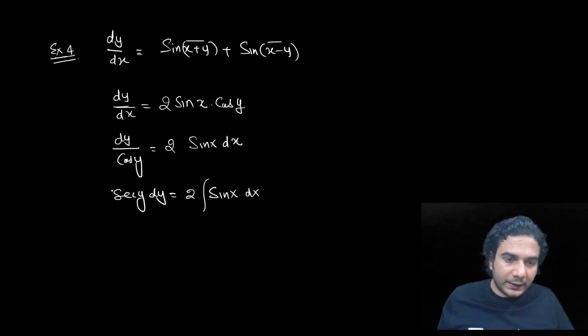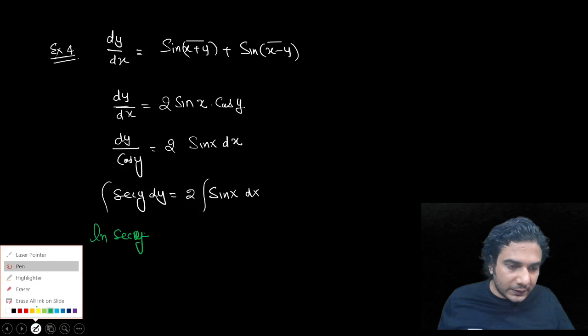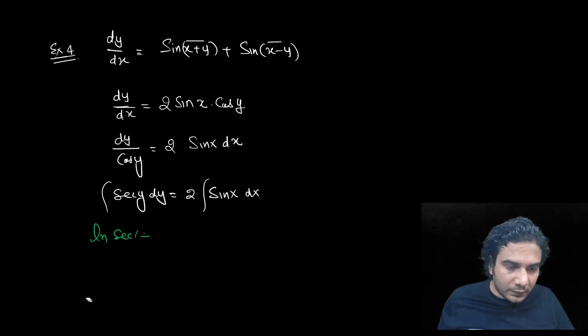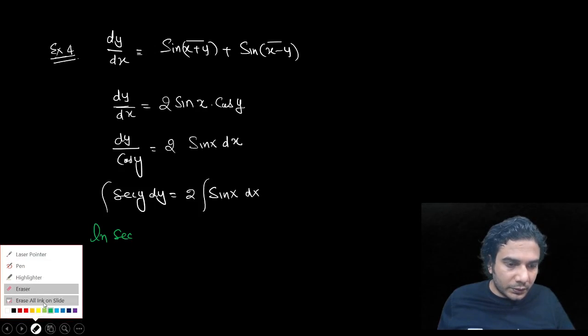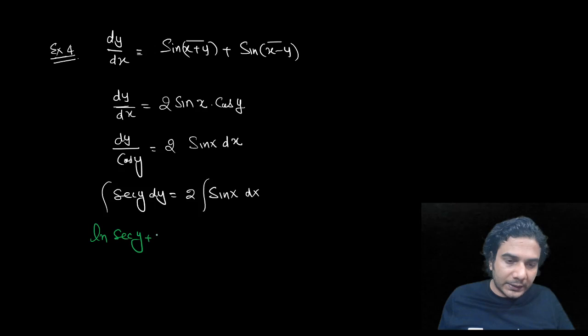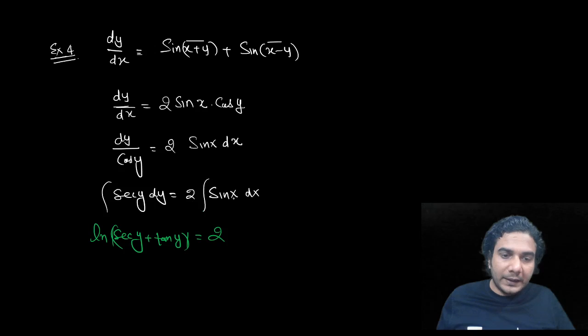Now let's integrate it and find the answer. The integration of sec θ with respect to θ is ln(sec θ + tan θ). So here it is y, not θ: ln|sec y + tan y|, mod you can put if you want, is equal to 2 times the integration of sin x, which is -cos x, so -2 cos x + c. So that is your answer.